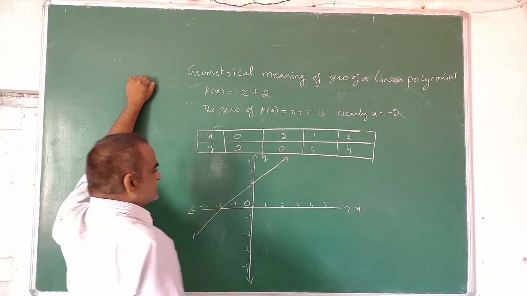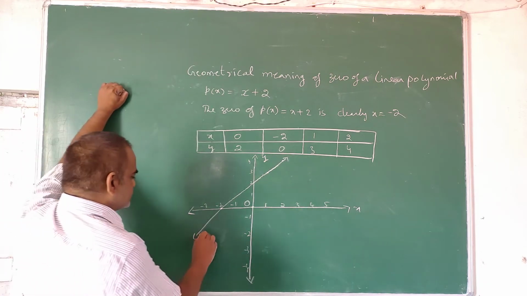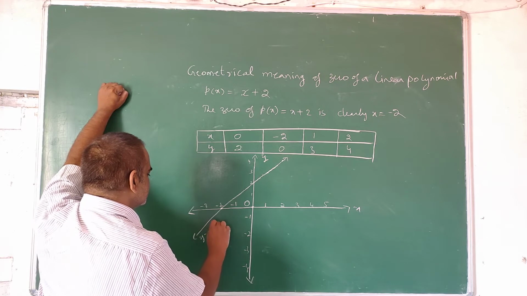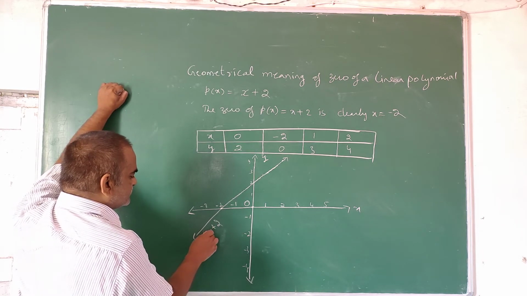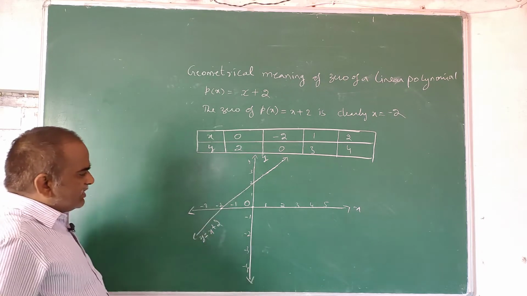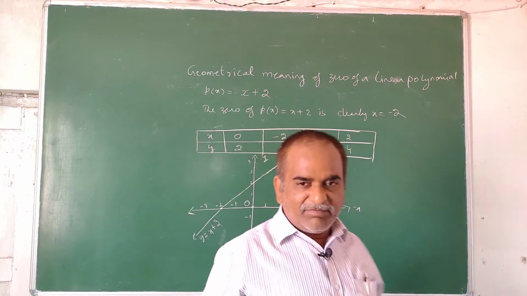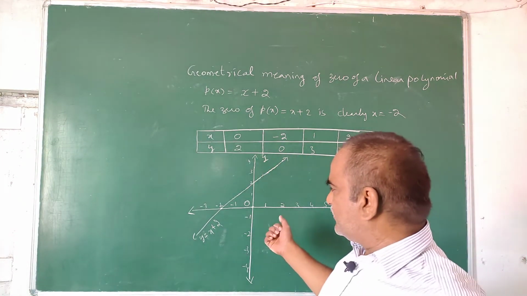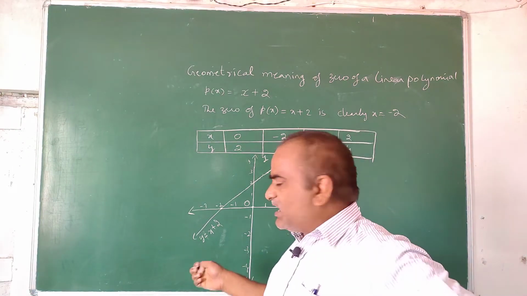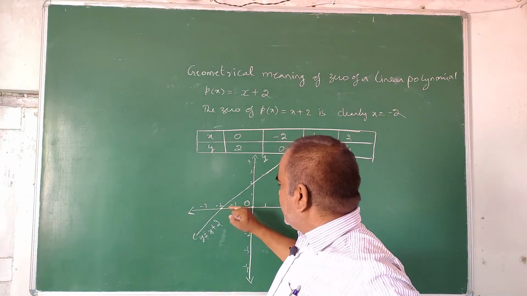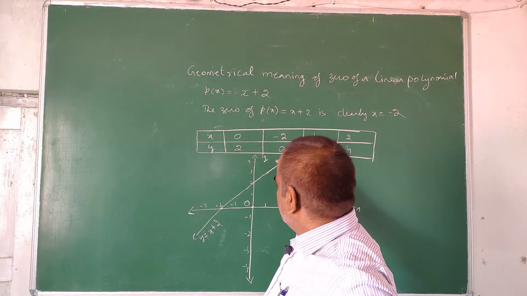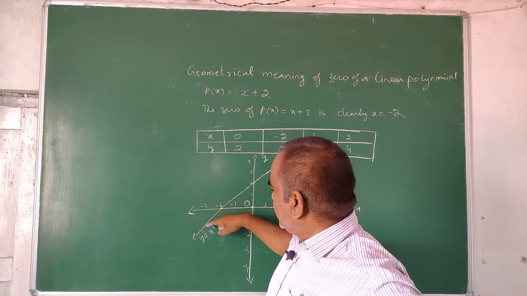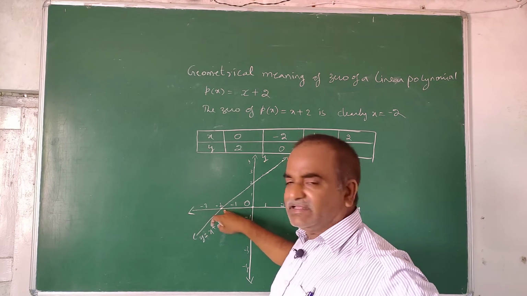So this is a straight line, y is equal to x plus 2. So now the geometrical meaning of the zero of the polynomial, you can see, is the x coordinate of the point where the line is meeting the x-axis.